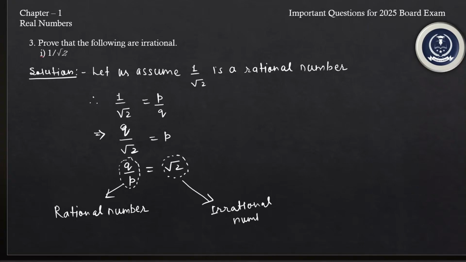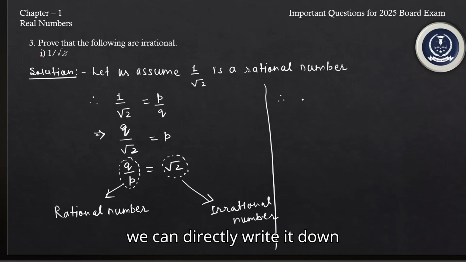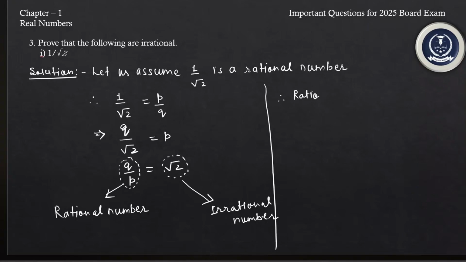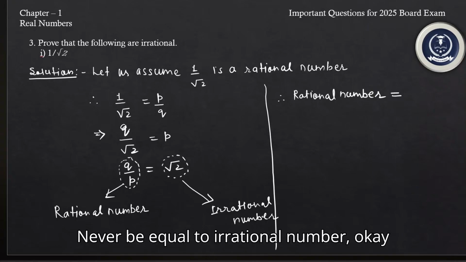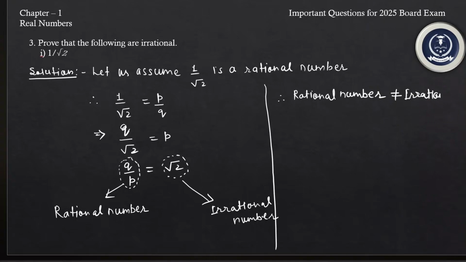Irrational number, okay? So I'm writing it down here. Therefore, we can directly write it down: a rational number can never be equal to an irrational number.